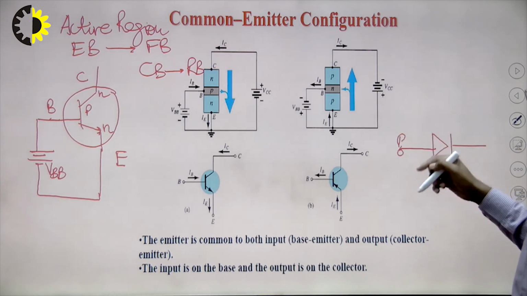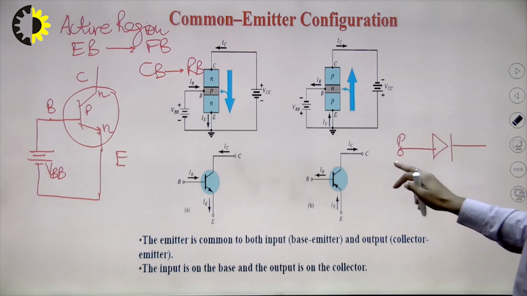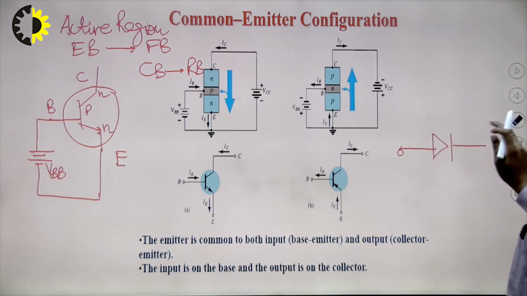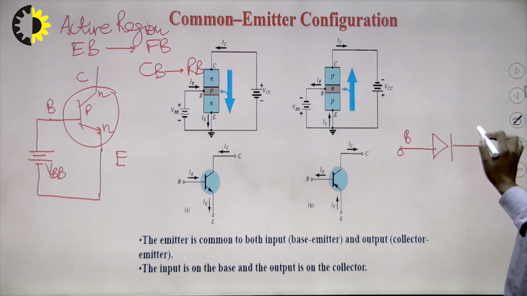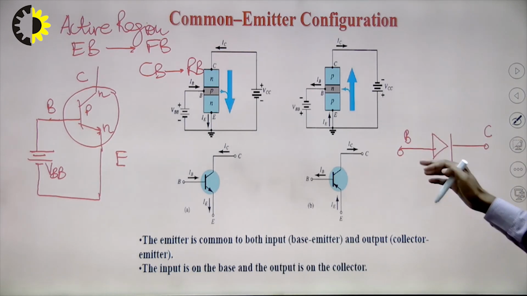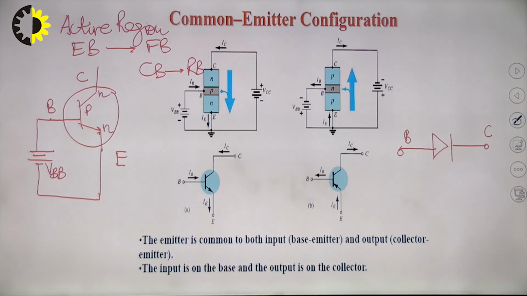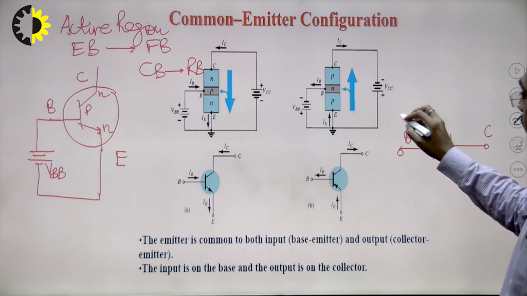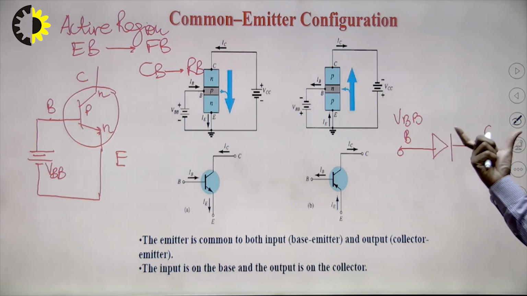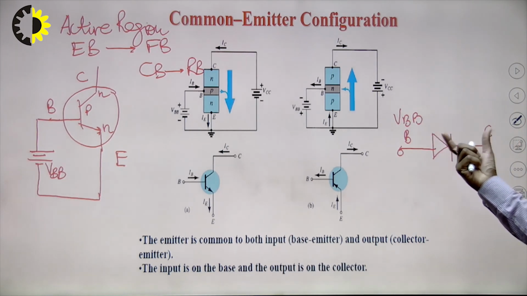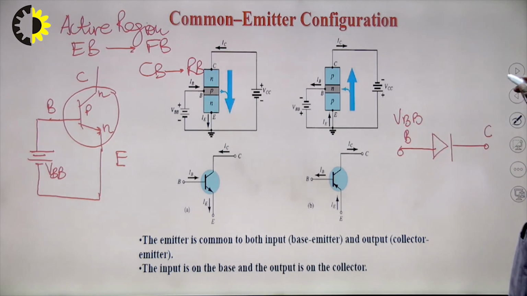This is the base terminal and this is the collector terminal. So, I have to make this collector base junction reverse bias. I have already applied the VBB voltage to the base terminal. For making this collector base junction reverse bias, I have to apply a greater voltage at the collector terminal.